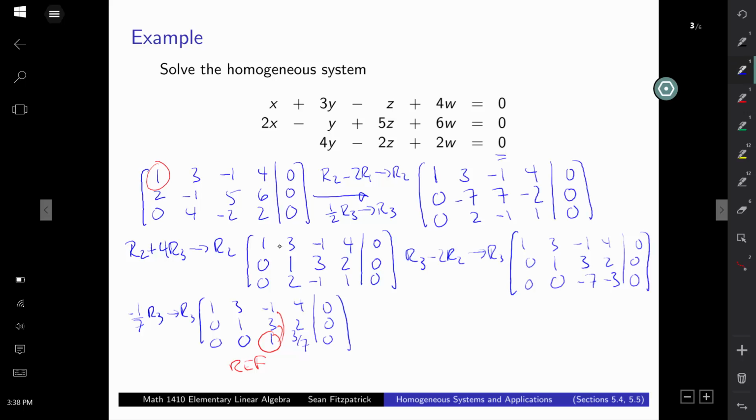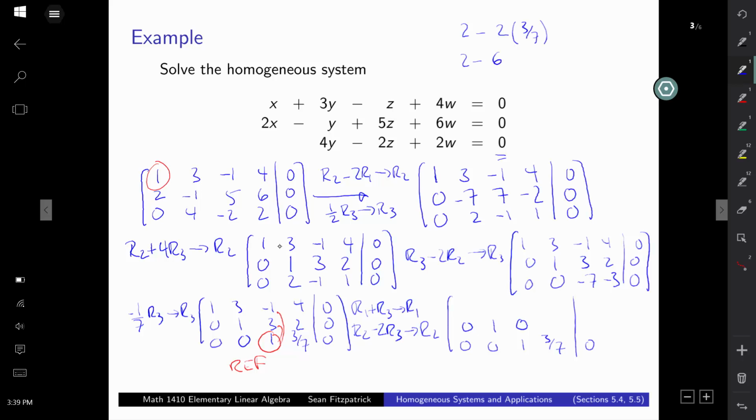So I've got to do row 1 plus row 3. That's going to be my new row 1. Row 2 minus 2 row 3. That's going to be my new row 2. So 0, 0, 1, 3 over 7, 0, 0, 1, 0, and I got to do 2 minus 2 times 3 over 7.